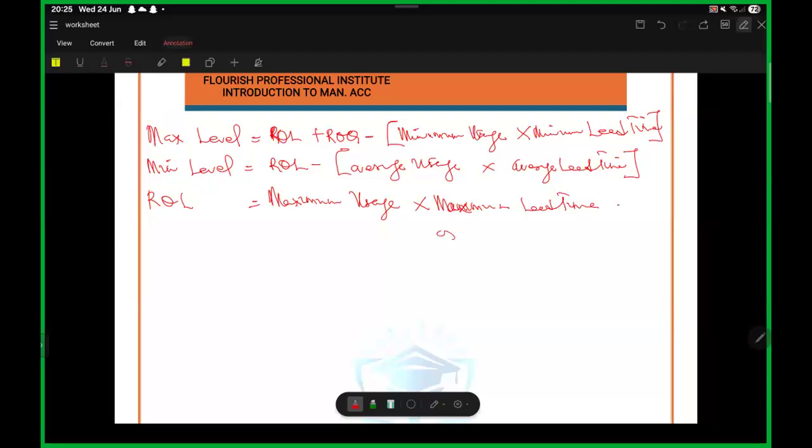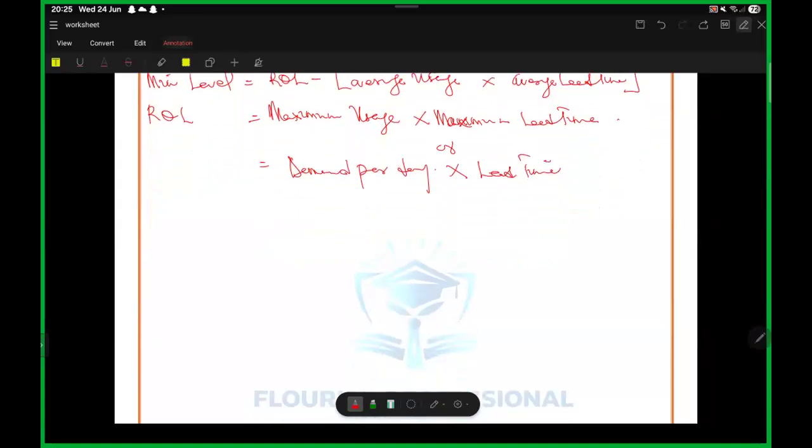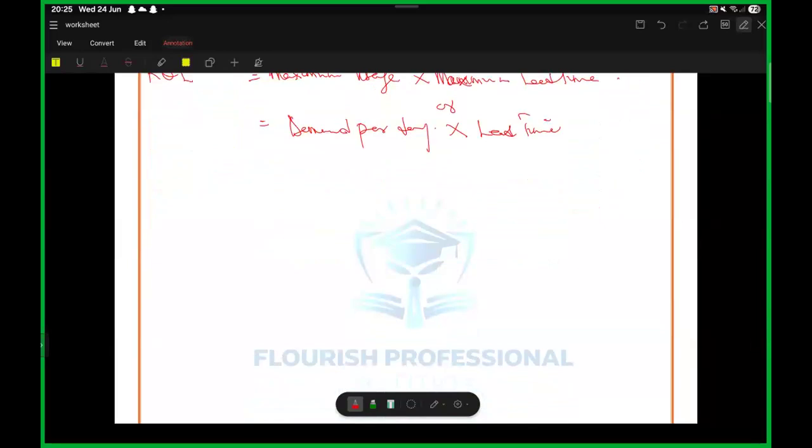Alternatively, sometimes you will see the demand per day or per period, depending on what is there. So demand per period times your lead time. Once you have this information, you are good to go.